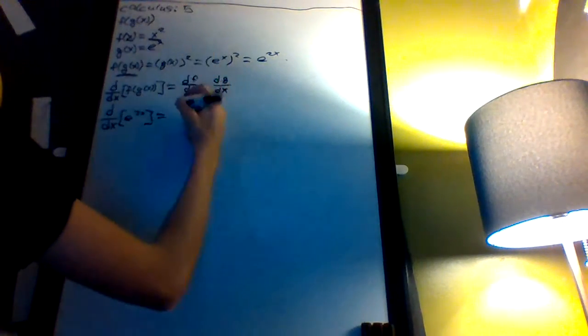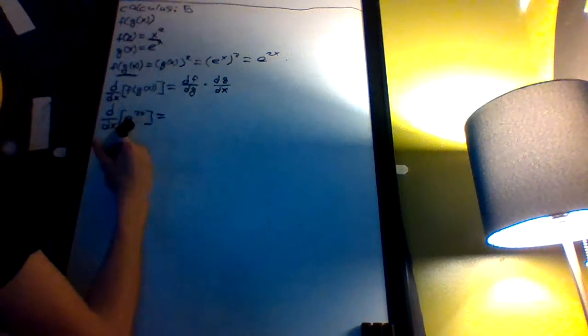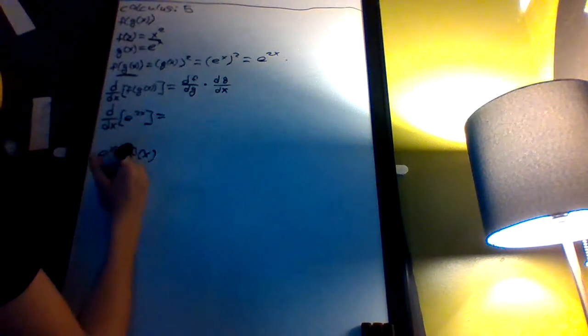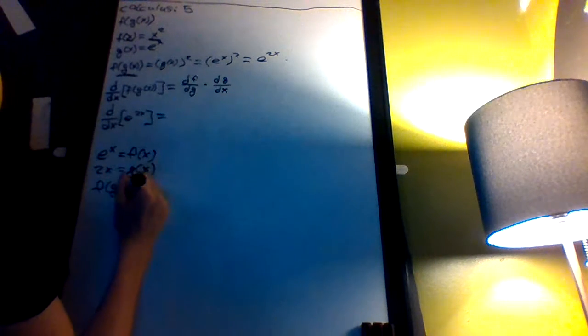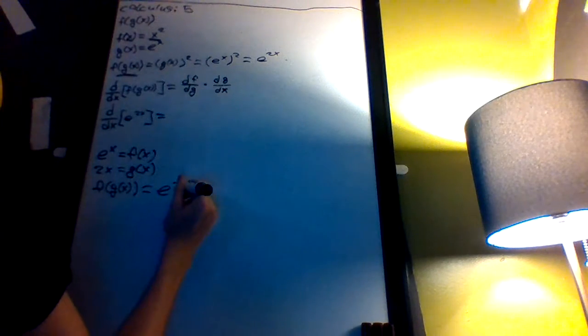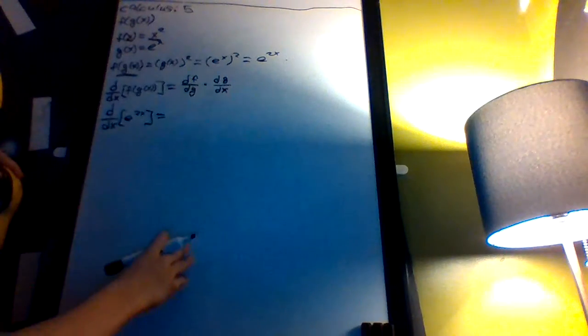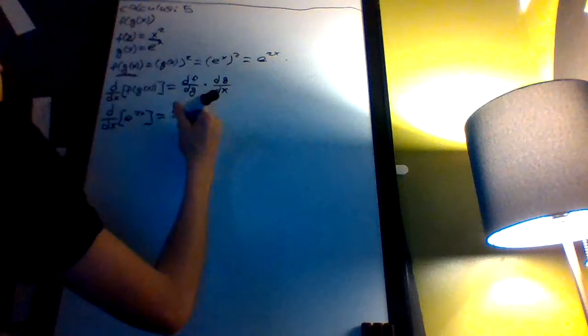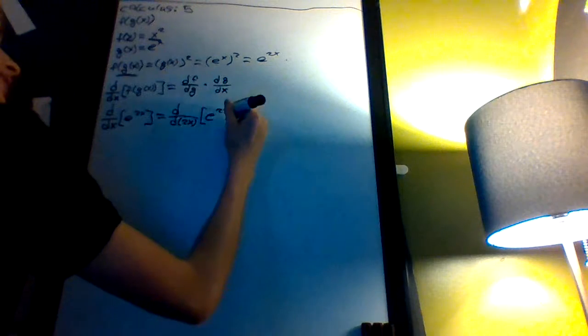So it's going to be the derivative. Well, here's a better way to think of it. It's the derivative of e to the 2x, right? So we could view this as e to the x, which is f of x, and 2x as g of x, meaning f of g of x is going to be e to the 2x, right? So, in this case, we're going to do the derivative in respect to 2x of e to the 2x, right?